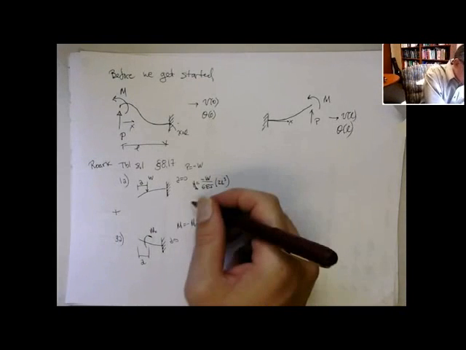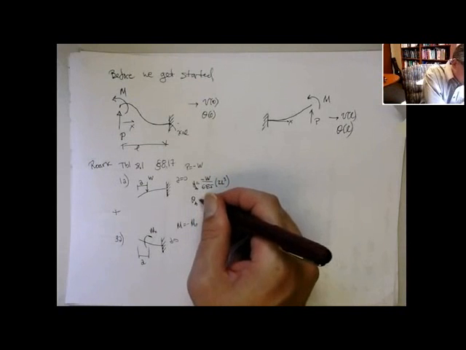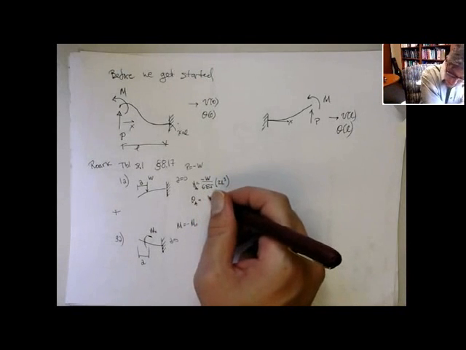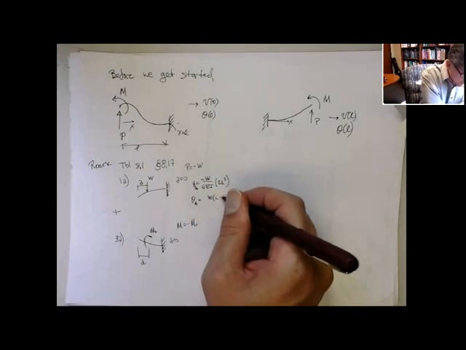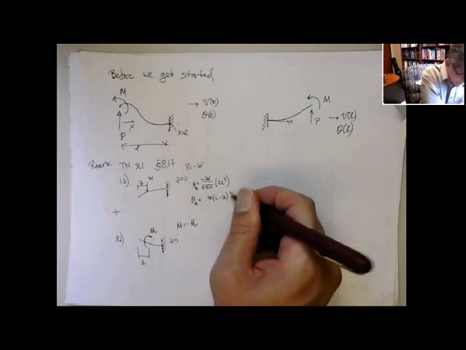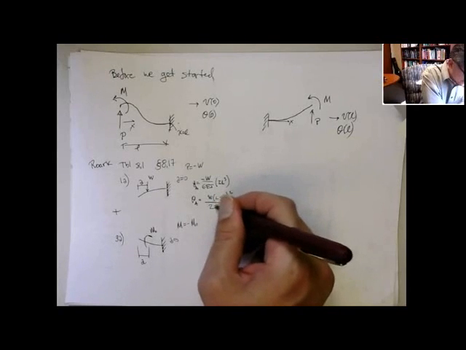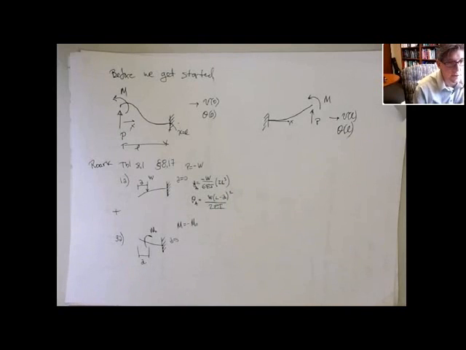And then the rotation at A is equal to W(L minus A) squared over 2EI. So that's just pulling those right out of the book.